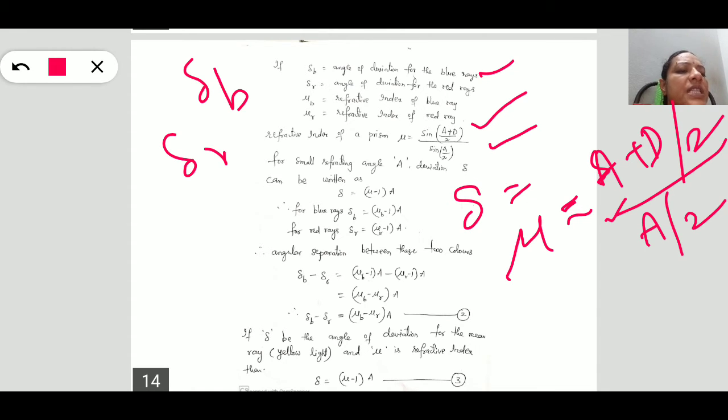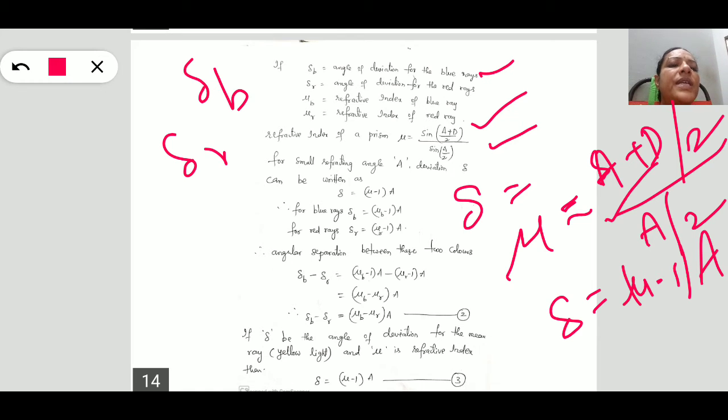If we simplify this equation, we get the deviation delta is equal to (mu minus 1) into A. So for a small angle prism, the deviation can be written as delta is equal to (mu minus 1) into A. Just apply this equation for blue rays and red rays.